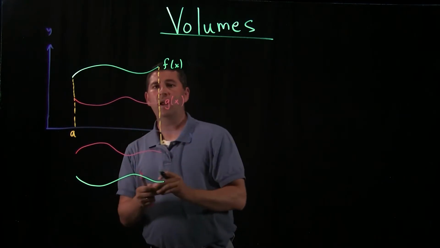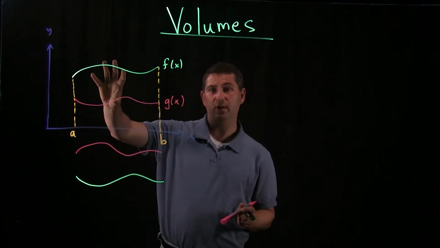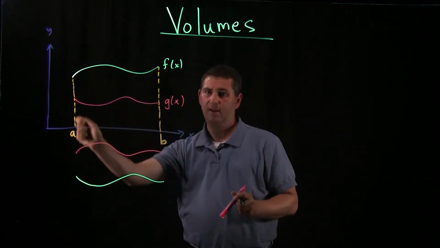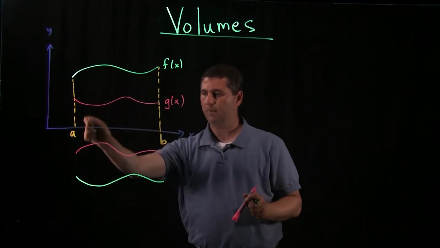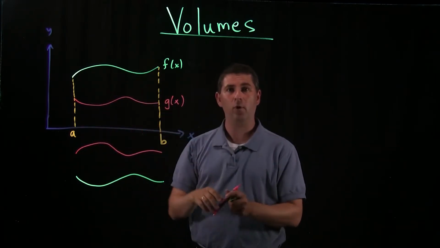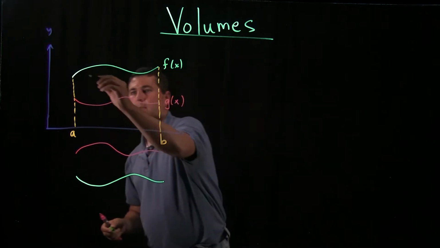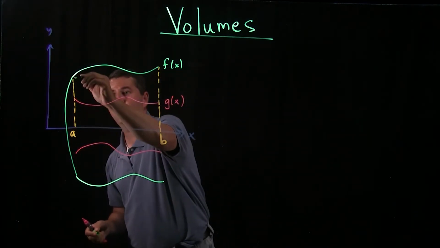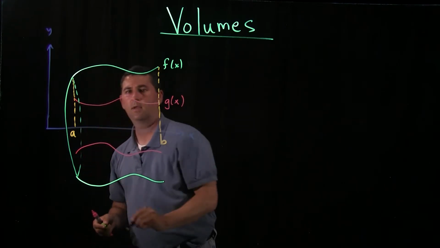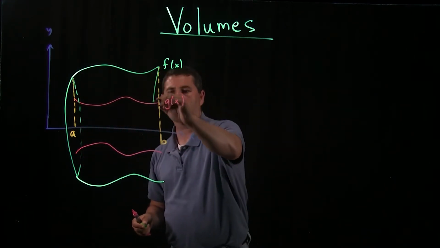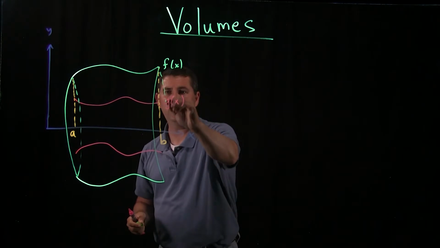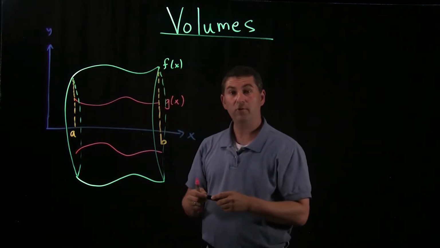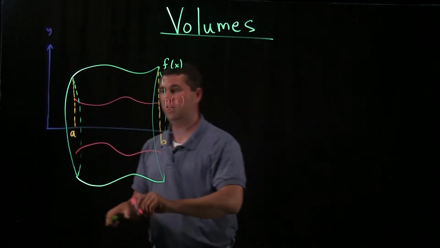Well, when I rotate this region, of course, I'm also rotating f of x. So it ends up down here, g of x ends up down here, and then of course it keeps on going all the way through. So let me just try to draw in green here what is happening with the f of x. So there's the beginning, there's the end. And now let me do the same thing with g of x.